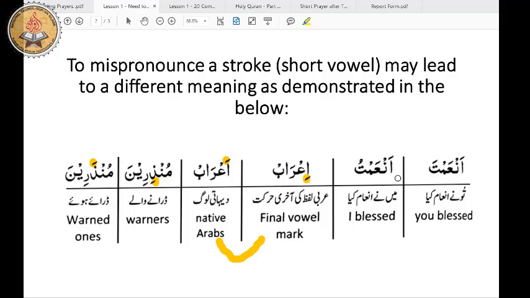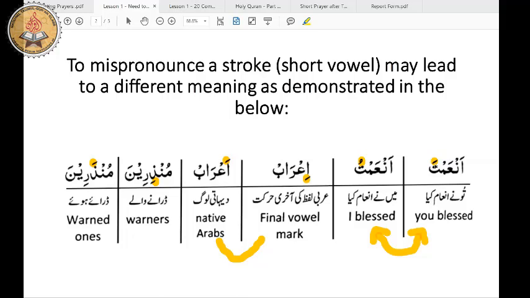Now with the next one, if you say an'amtu, it means I blessed. And if you say an'amta, it means you blessed. So you can see that the meaning has been changed depending on what this little sign was in the end. In this case, it was a dhamma.